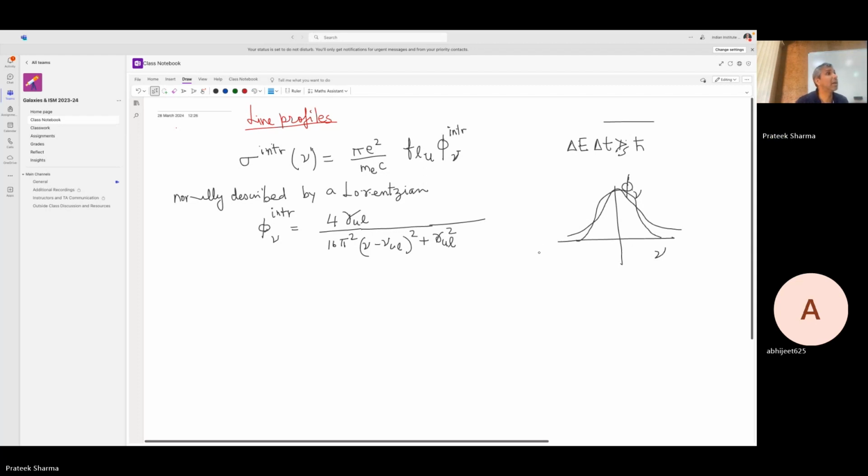They are normalized. The peak is not the same, but the area under the curve for both of them is the same. Okay, so this is the Lorentzian.